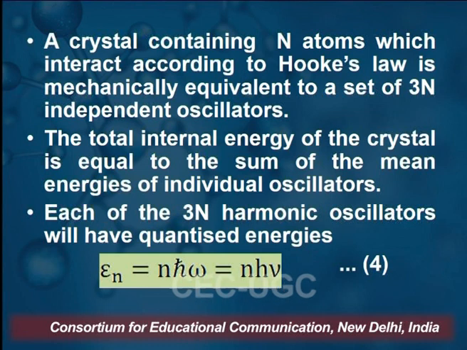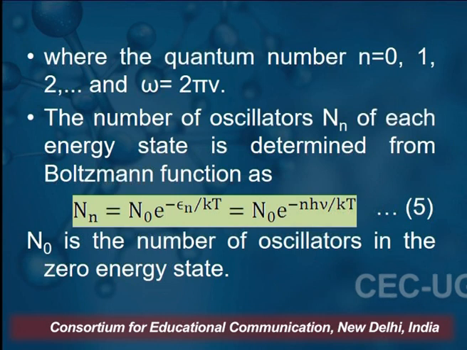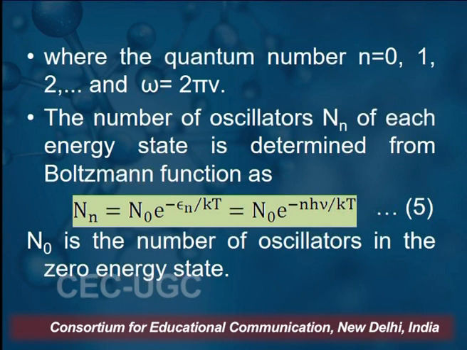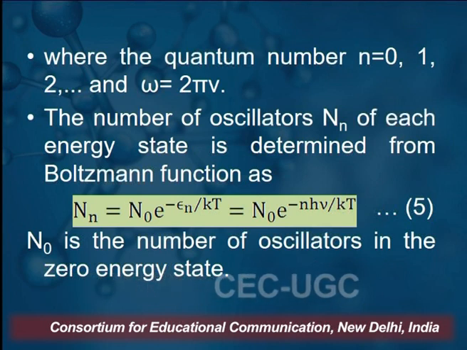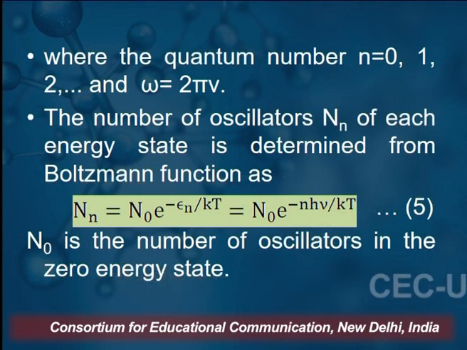Each of the 3n harmonic oscillators will have quantized energy, and let's represent that by epsilon n, which is equal to n h bar omega, or n h nu, where omega is 2 pi nu and the quantum number n can have values 0, 1, 2, 3, 4 etc. The number of oscillators Nn in each energy state will be determined by the Boltzmann function.